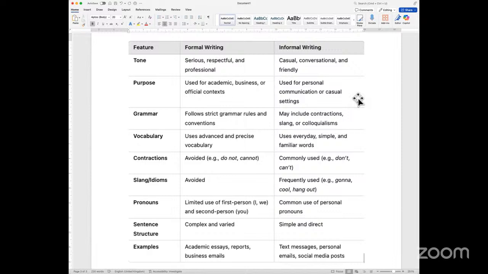Now, let me give you an example here. Say I visited the city center and ended up parking somewhere that was not allowed, and later I got a ticket from the parking attendant. I felt that because it was a weekend and the parking was free, he had given me an unjust ticket.